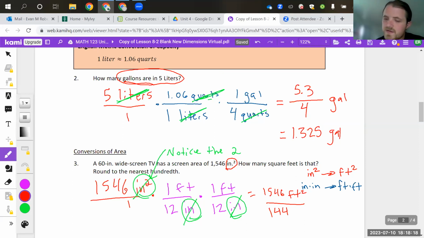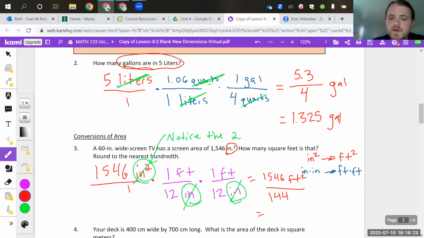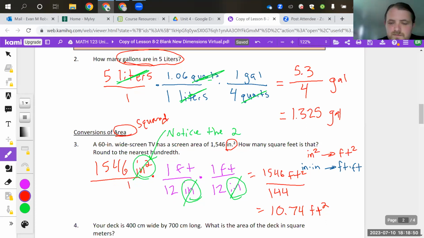So when you divide those, you end up with 10.74 feet squared. Again, the reason why this is different this time is because it's area. And when we measure the area of things, we have to square the unit. So when you're dealing with area, you're going to have that extra unit involved there.